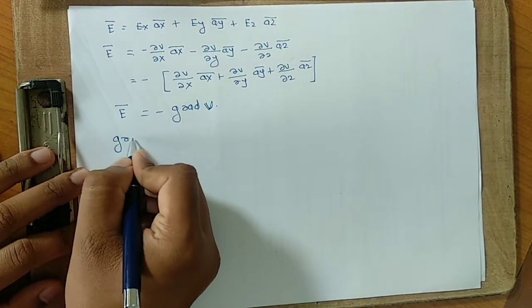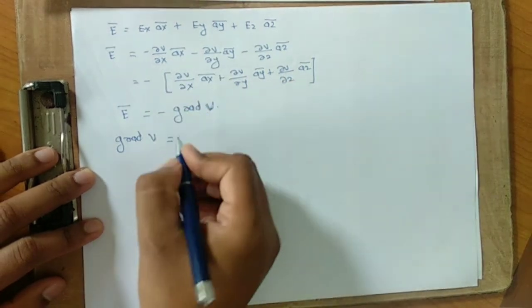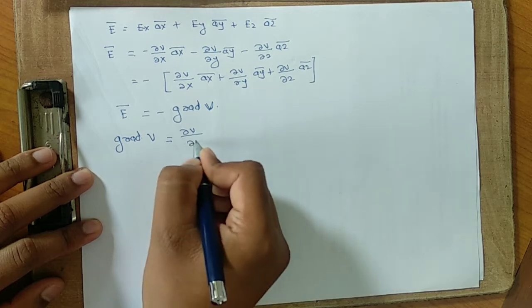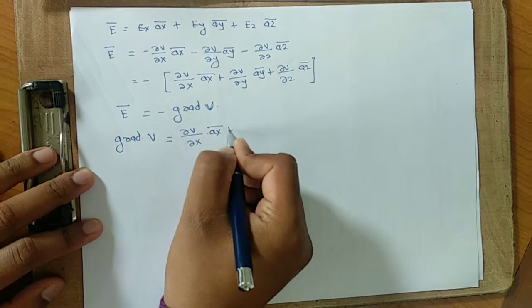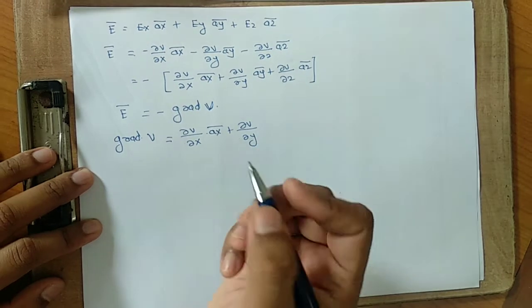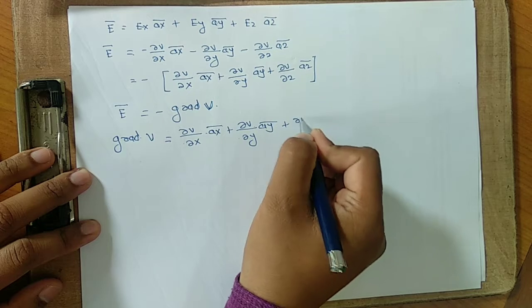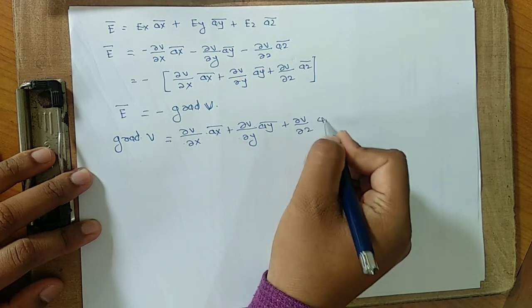Gradient of V is equal to del V by del x ax bar, del V by del y ay bar and del V by del z az bar.